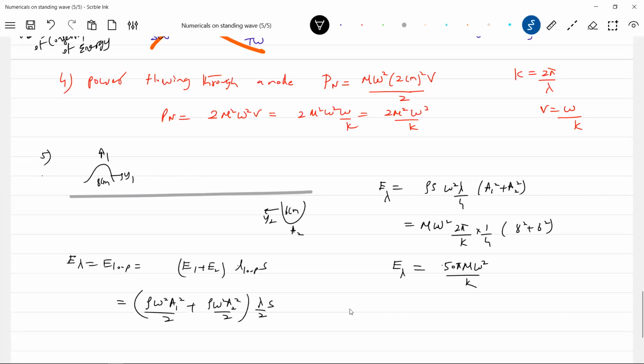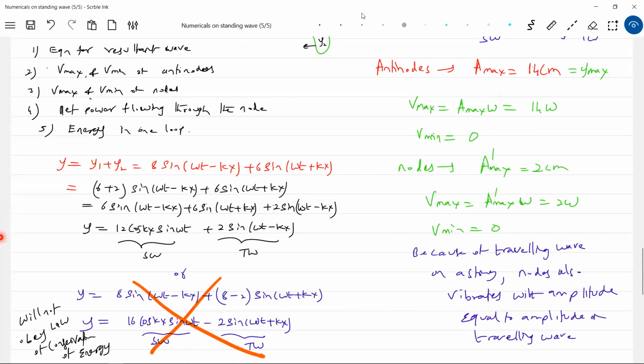Mu is the linear mass density of the rope. If they give density and area of cross-section, express it in terms of that. What is the total energy on a string? What shall I write? Into L instead of the length of one loop. So that should be lambda by 2, no?